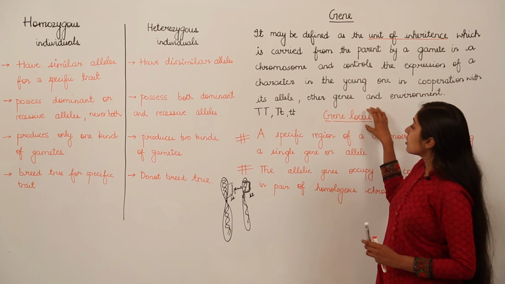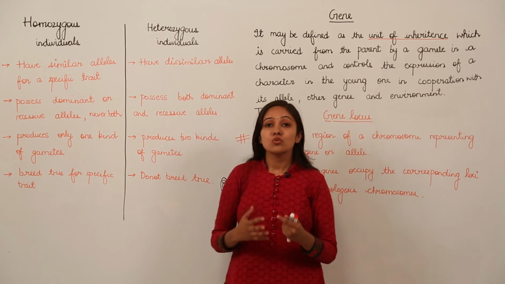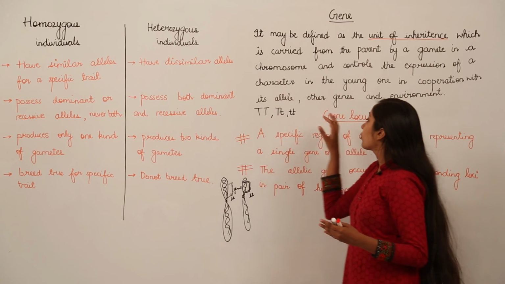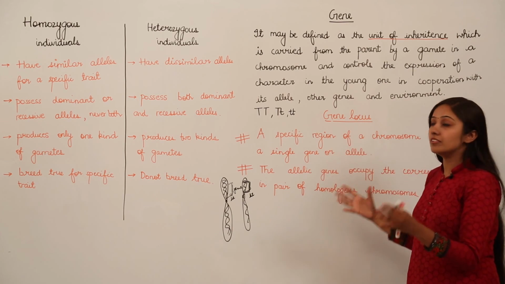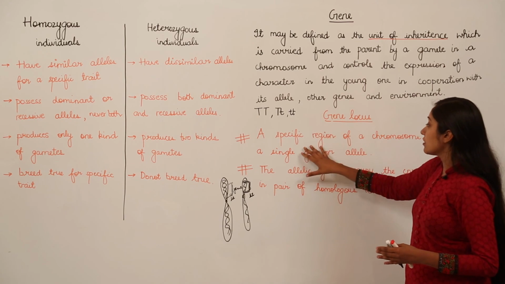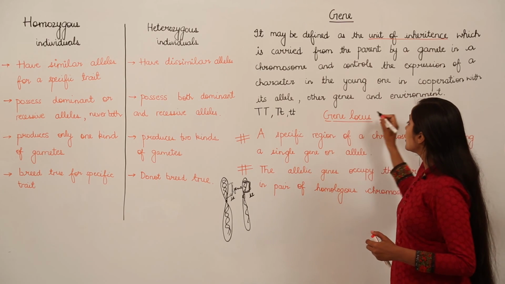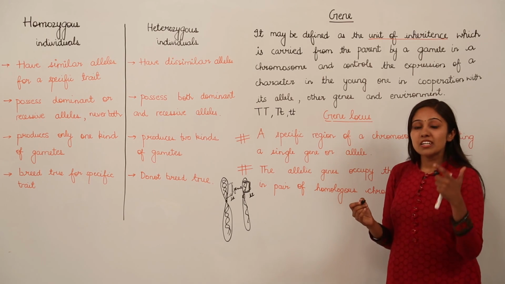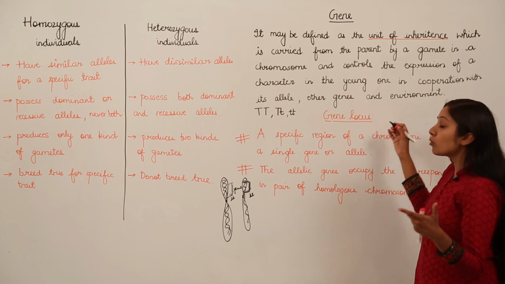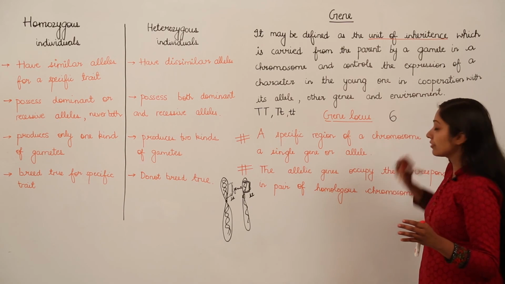Next, when we talk about gene locus, there is a specific methodology to explain how you can locate the specific region of DNA where that gene is present. For example, if I talk about chromosome number 6, I write number 6 first of all.